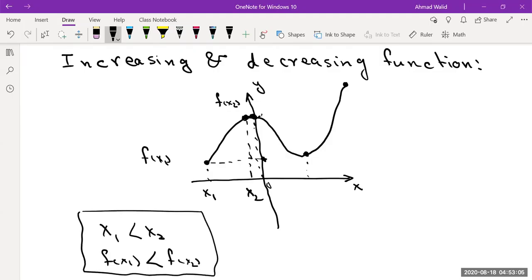If you end up with such a relation that your x1 is less than x2 and f of x1 is less than f of x2 in a given interval, usually we name it interval I. Interval I means from here to here, right? In the given interval, in this case, the function is increasing.